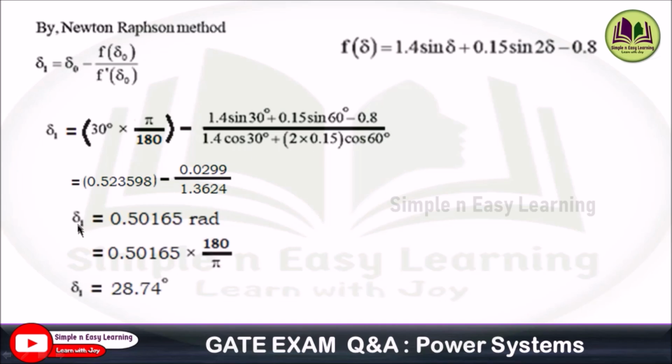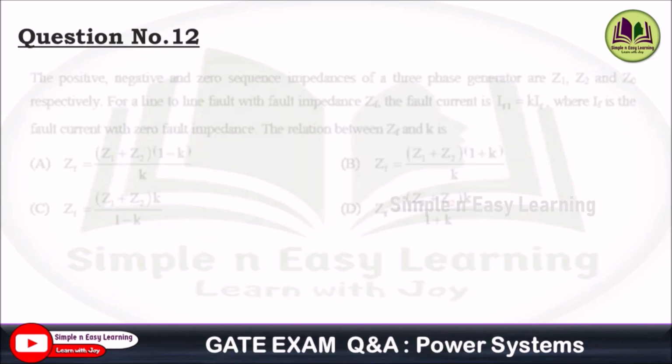Simplifying, we get del 1 equal to 0.50165 radians. Converting this radian into degrees by multiplying with 180 divided by pi, that gives del 1 equal to 28.74 degrees. So, the correct answer is 28.74 degrees.